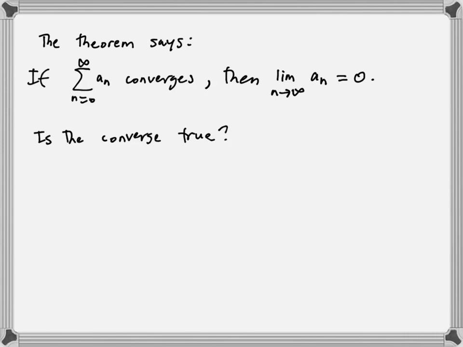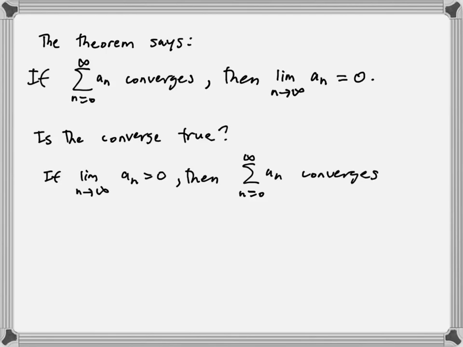In other words, can I say that if the limit as n goes to infinity of an is 0, then this guy converges? Can I say this?